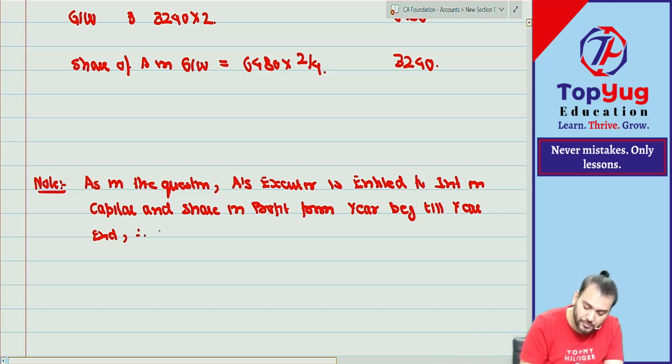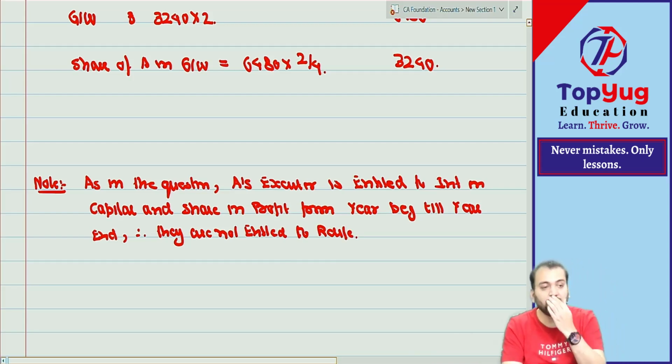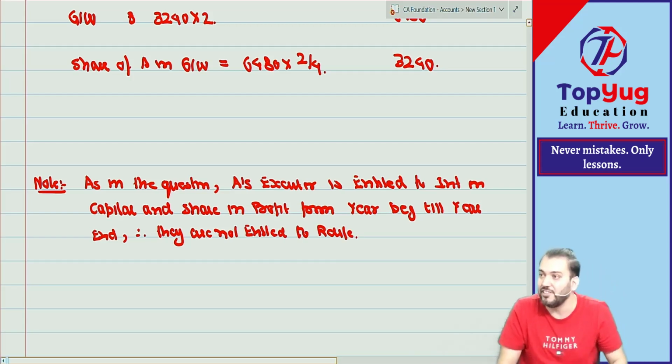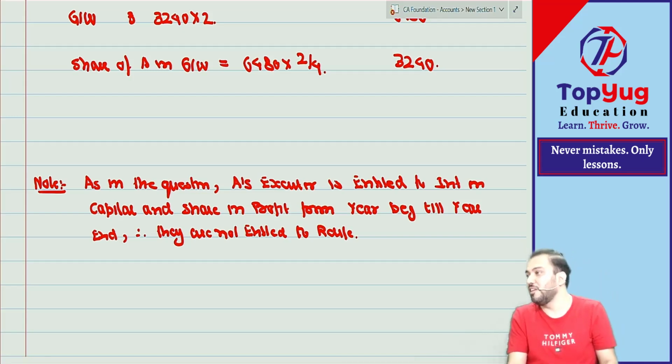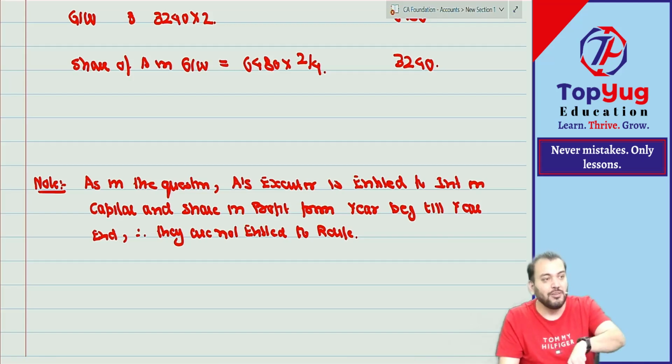Therefore, they are not entitled to what? To relief. Understood? Because for the next 3 months they are getting sharing profit as well as interest. Therefore, the question of relief will not arise. And therefore, we are not calculating relief in this.